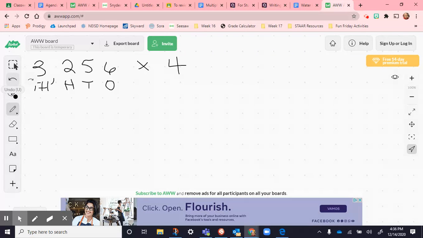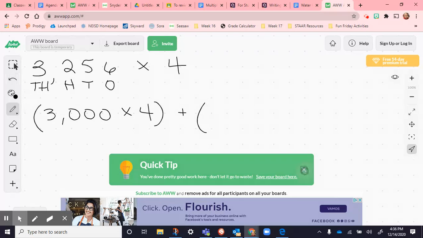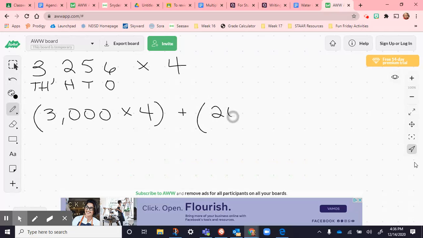And so when we write that out, this is what it looks like. I'm going to put it in parentheses to keep everything together. So 3,000 times 4 plus 200 times 4. And again, I'm getting this 3,000 because there's 3 in the thousands place. 200 is the same as 200.